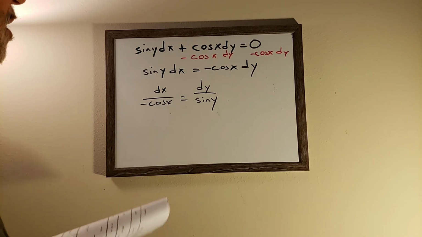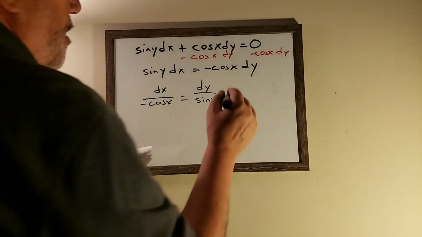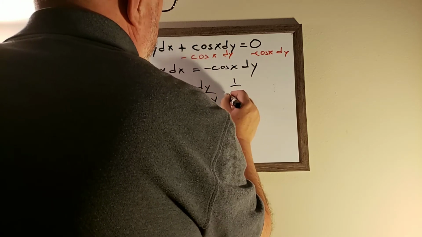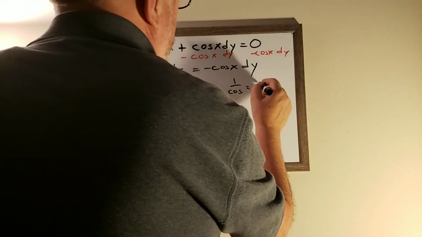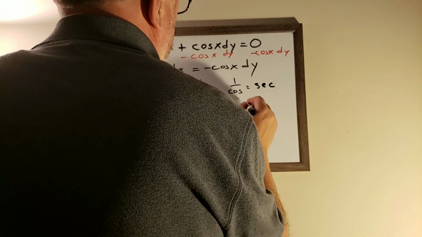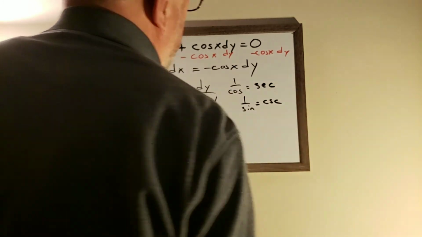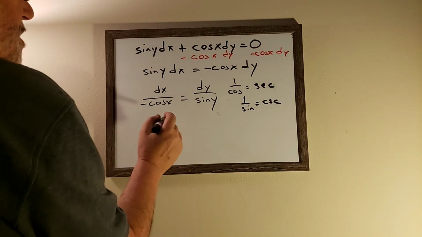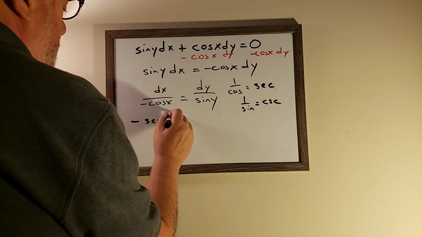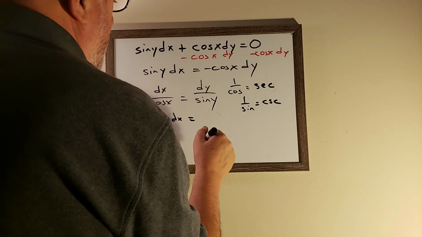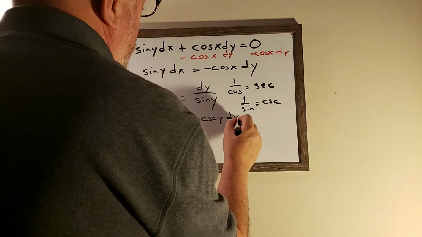Right? Well, remember in terms of your trig functions, that 1 over cosine is the same as secant, and 1 over sine is cosecant. And so we can rewrite this as negative secant x dx equals cosecant y dy.